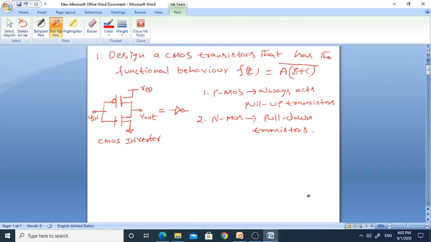So while implementing CMOS transistors, you must remember these two points.